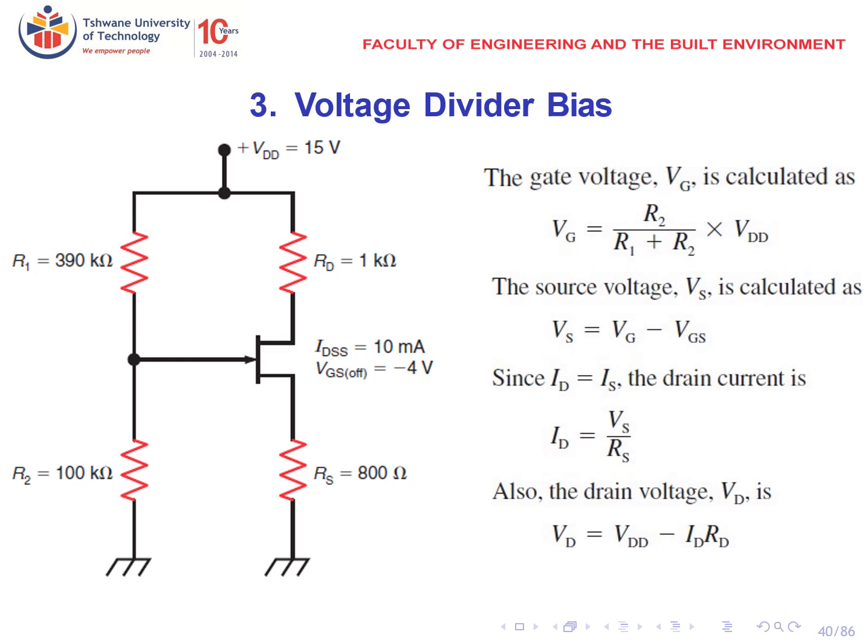Once we have Vg, we know that Vg is equal to VGS plus Vs. So Vs will be equal to Vg minus VGS. Since ID and Is are equal, ID will be equal to Vs divided by Rs. Also, the drain voltage VD will be equal to VDD minus IDRD.